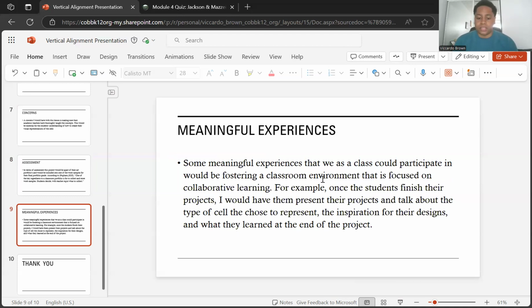For example, once the students finish their projects, I would have them present their projects and talk about what types of animals they chose to represent, the inspiration for their designs, and what they learned at the end of the project. So it's like, hey, what did you learn about animals that use camouflage to cover themselves?